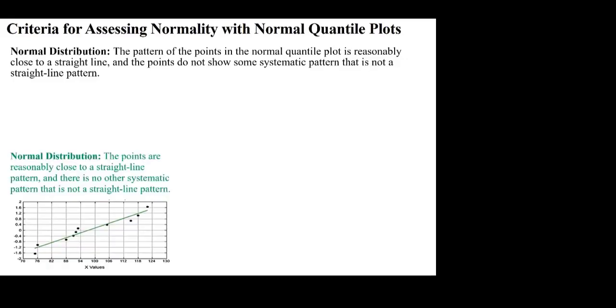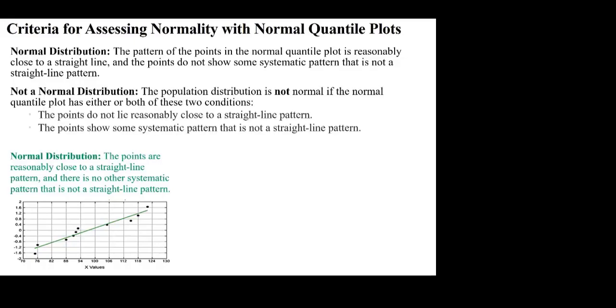If we want to look at normality, the normal quantile plot, here's what we do. Could somebody read this one for us, please? Normal distribution: the pattern of the points in the normal quantile plot is reasonably close to a straight line, and the points do not show some systematic pattern that is not a straight line pattern. Okay, so the idea is that there seems to be a straight line if we set them up.